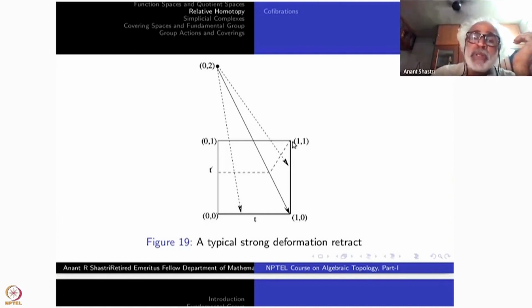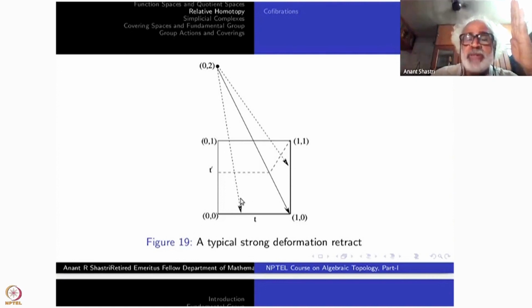So pushing means what? You do it at time t. At time 0, it is the identity, nothing has happened. At time t, say t prime, this part has already been pushed up to here. This point has come here, this point has come here, this point has come here, and so on.